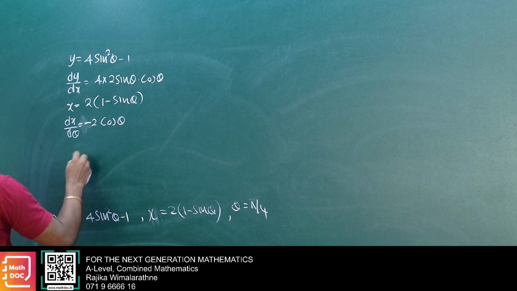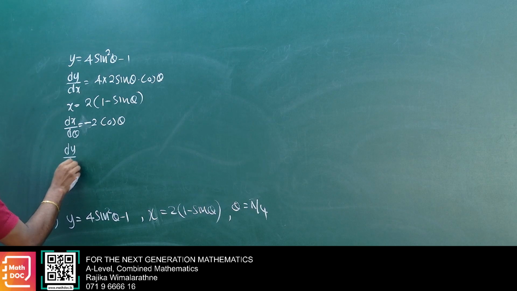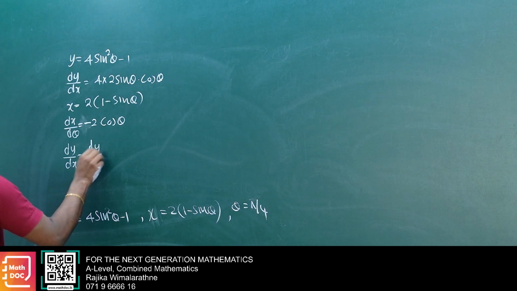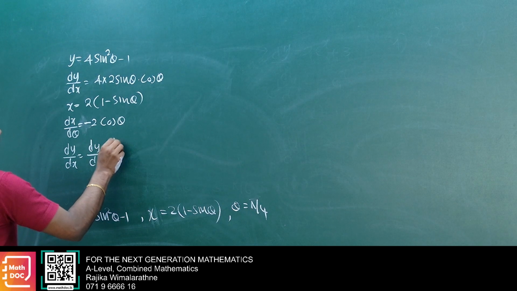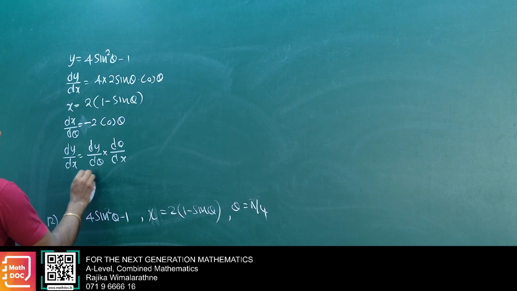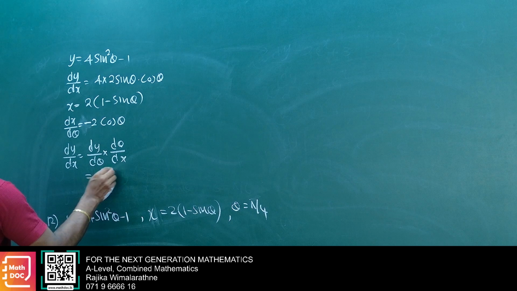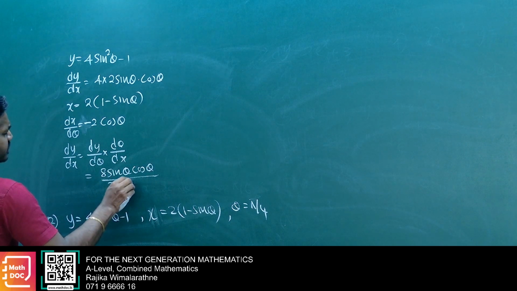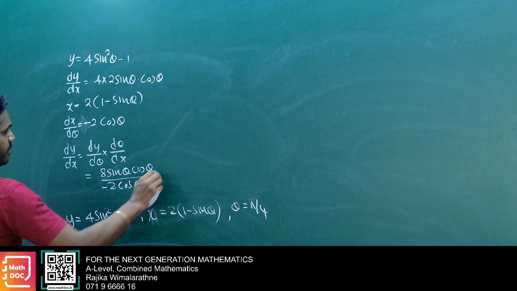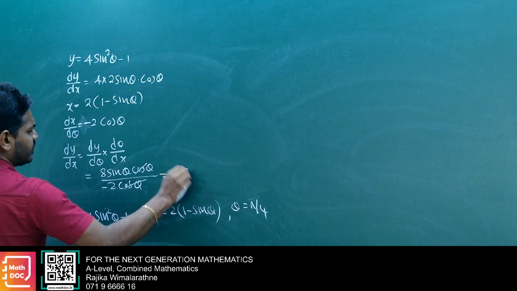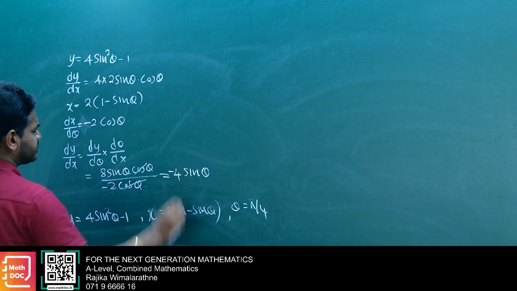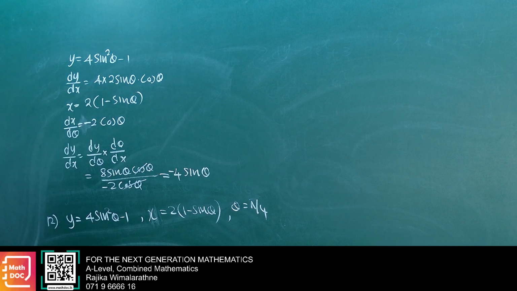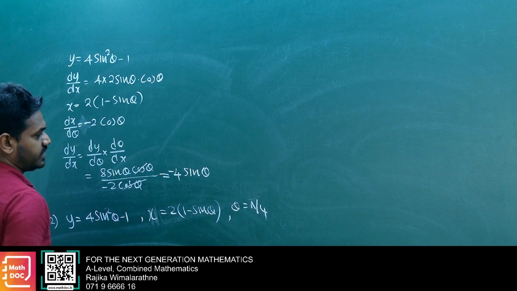Then dy by dx is dy by d theta times d theta divided by dx, here 8 sin theta cos theta over minus cos theta, which is minus 8 sin theta. Then we have the coordinate and we can get the derivative.